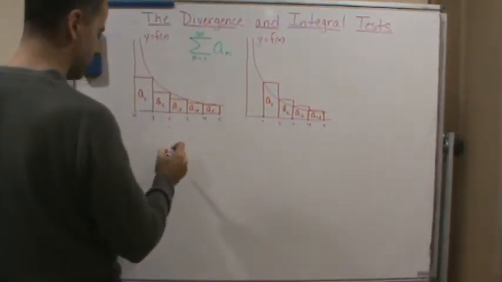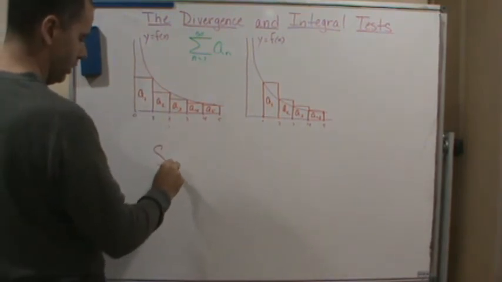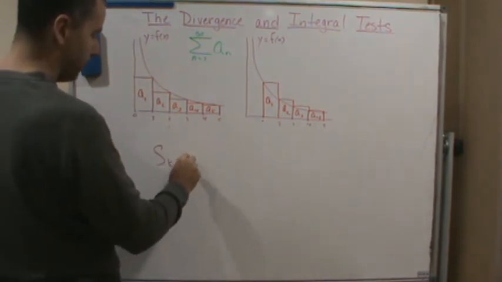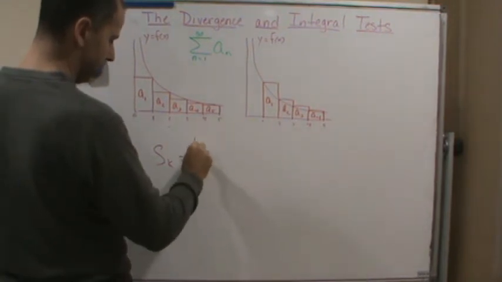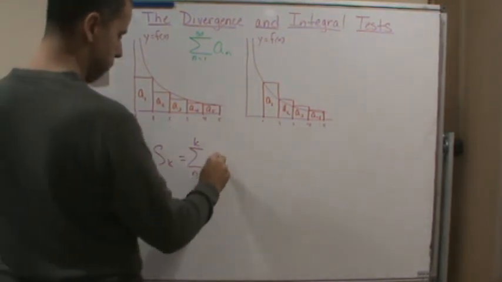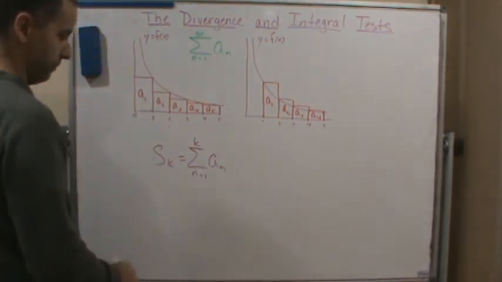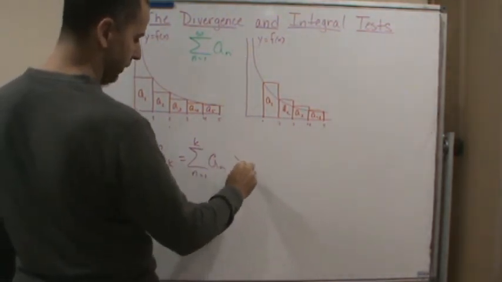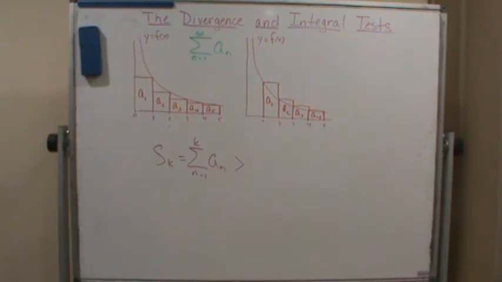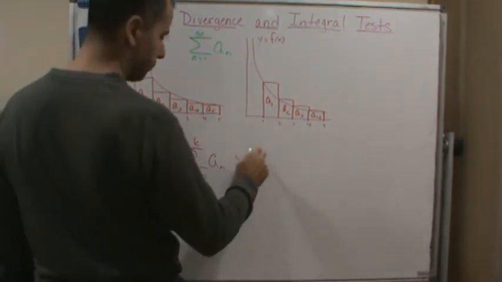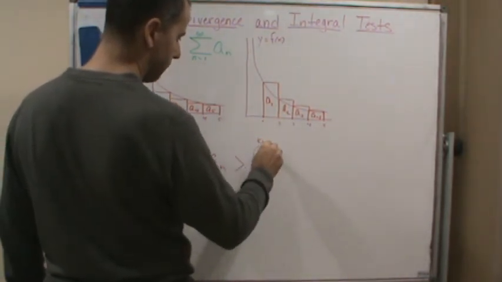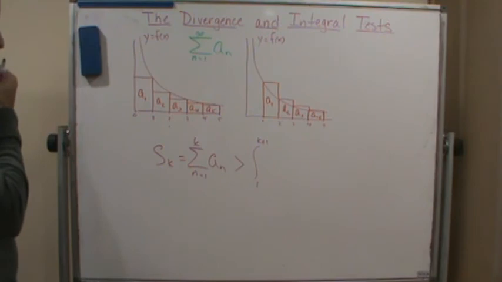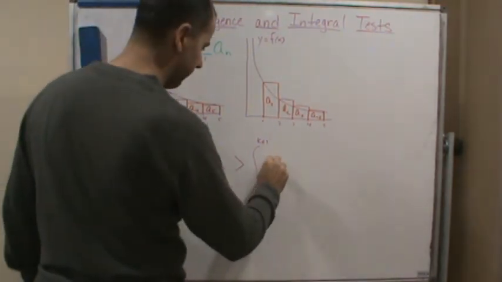We see that for S of k, which equals the summation from n equals 1 to k of a sub n, this is going to be greater than the integral from 1 to k plus 1 of f of x dx.